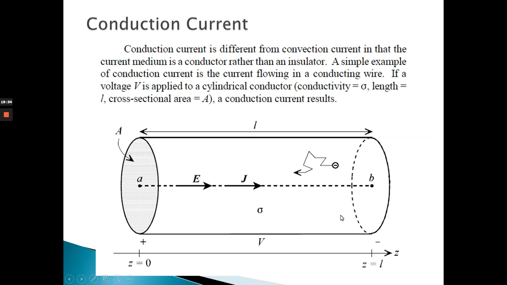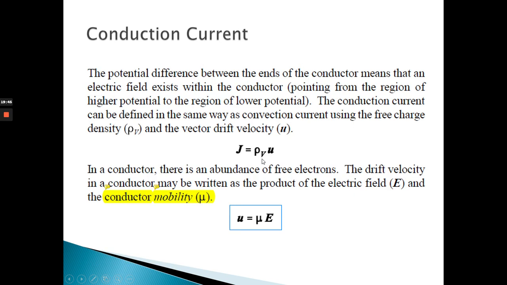Now how you can measure the conduction current is mostly the same, but a little different. From the drift velocity, we know for the insulating material that J is equal to rho v u, where u is the drift velocity. But u is actually also defined by the conductor mobility.